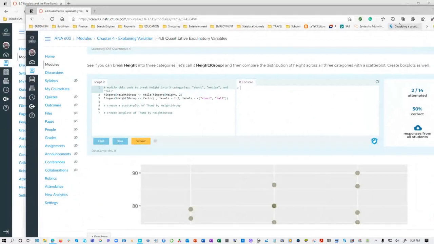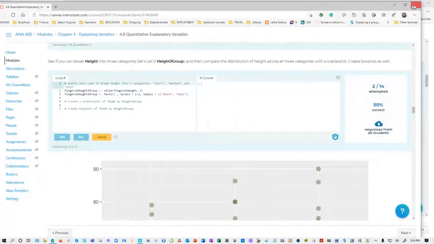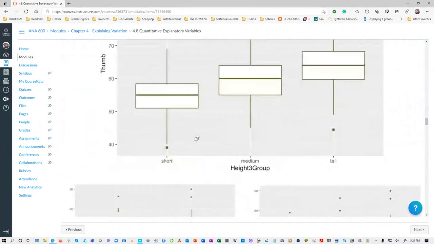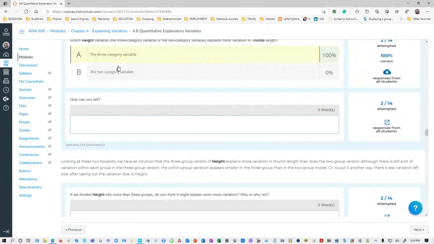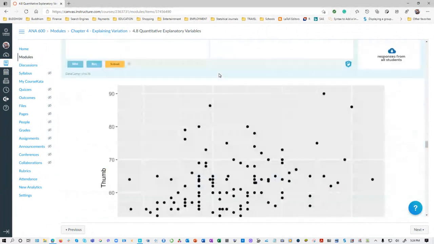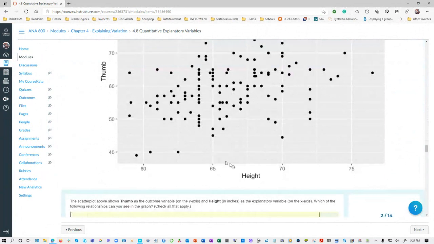Then do the same thing. If you want 3 categories, you can go to 3 categories and do that. The last one is the scatter plot, the one that I mentioned here.